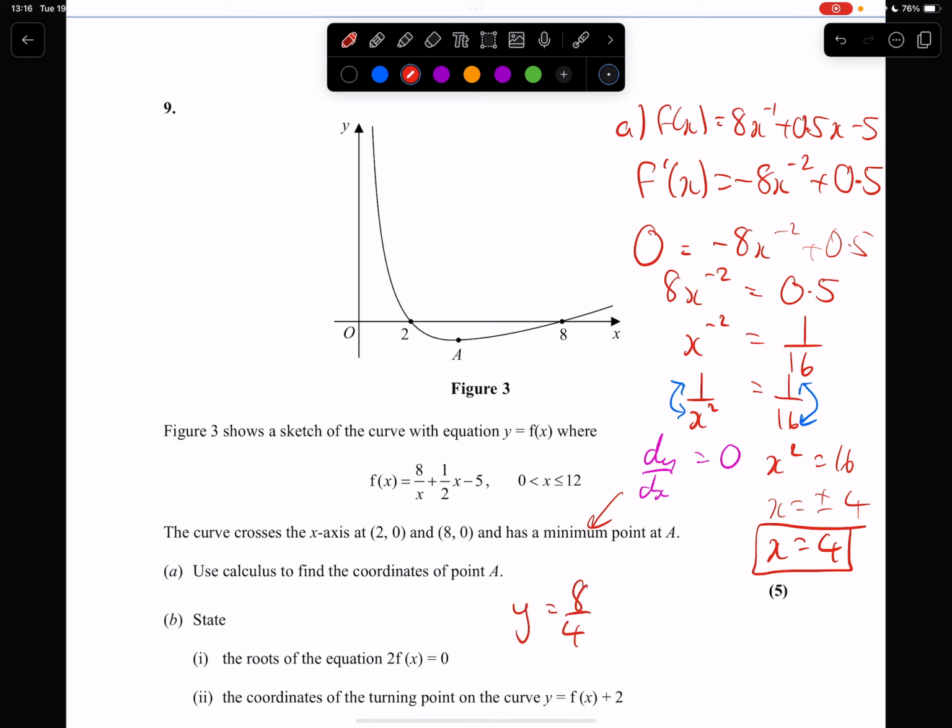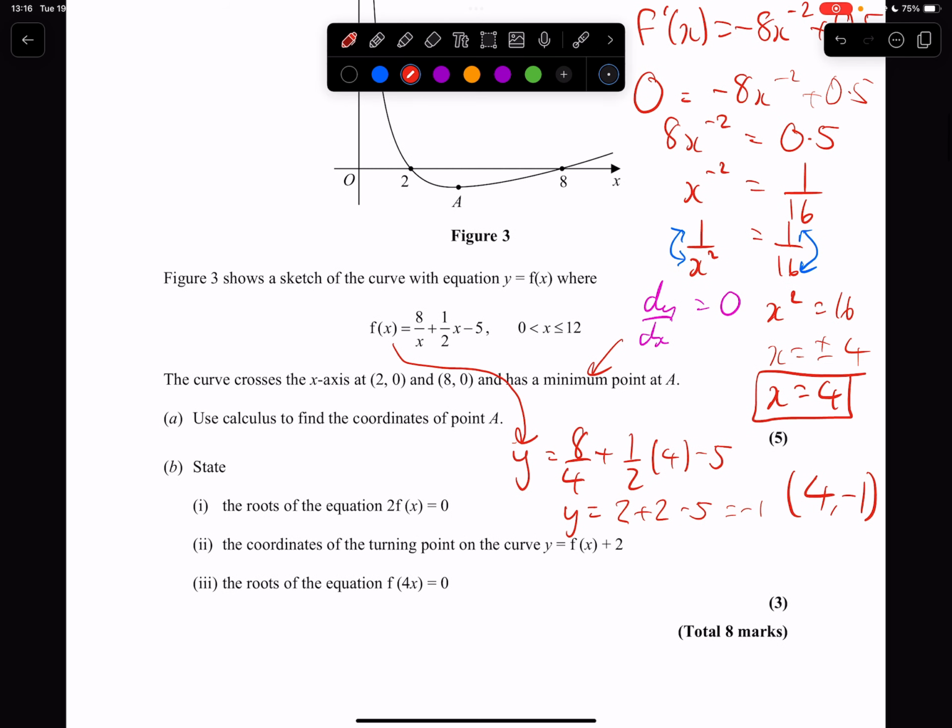So we get 8/4 plus a half of 4 minus 5. So we would have 2, add 2, take 5, which is minus 1. So our coordinate is 4, -1.